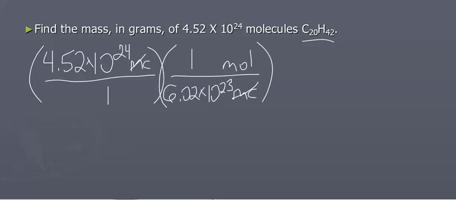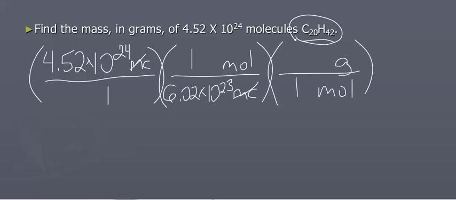And then once I'm in moles, which is kind of my intermediate unit, I can go from moles to grams, because in 1 mole the amount of grams comes from the periodic table.